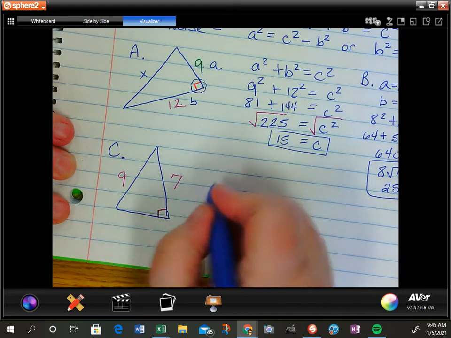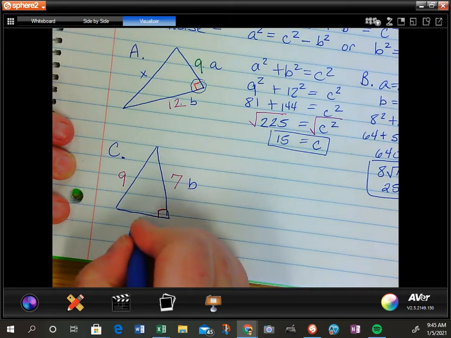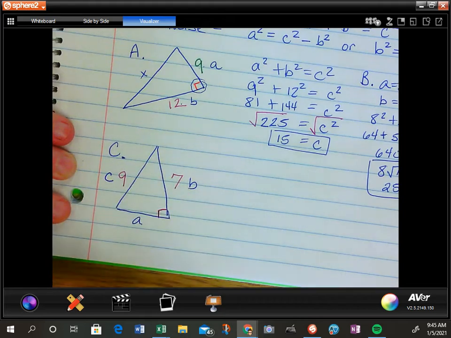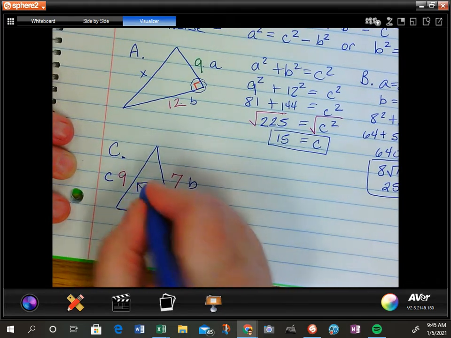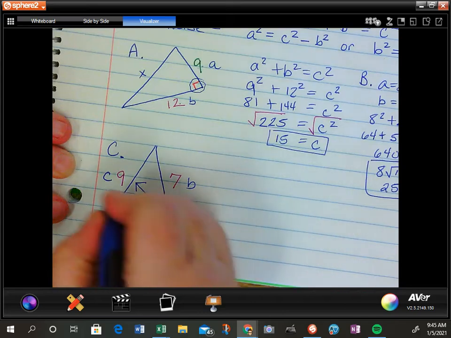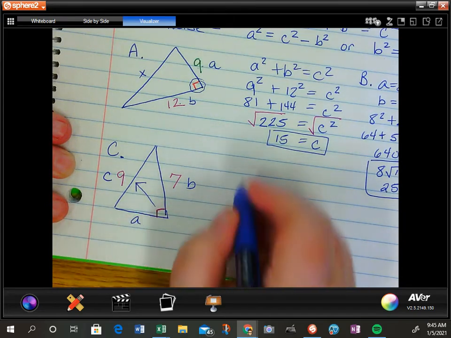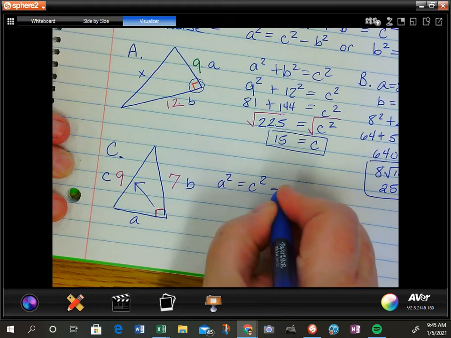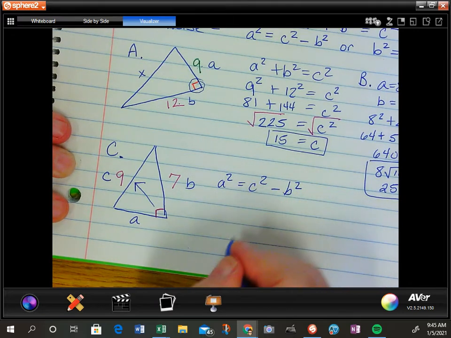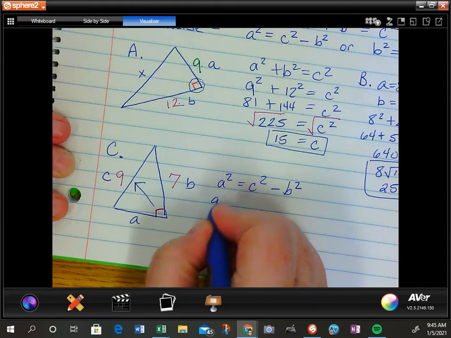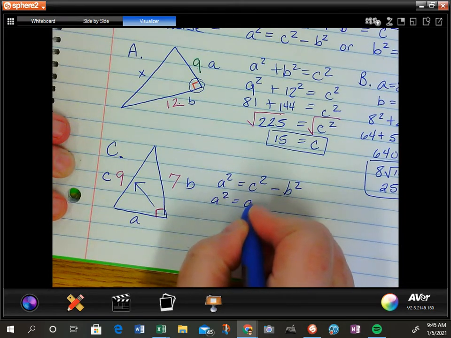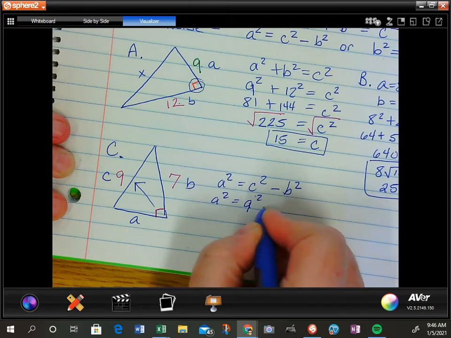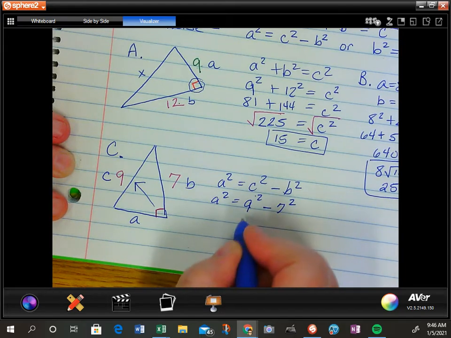So we have B, A, and C. This is across from the right angle, so this is C squared. And I'm looking for A. So A squared is equal to C squared minus B squared.